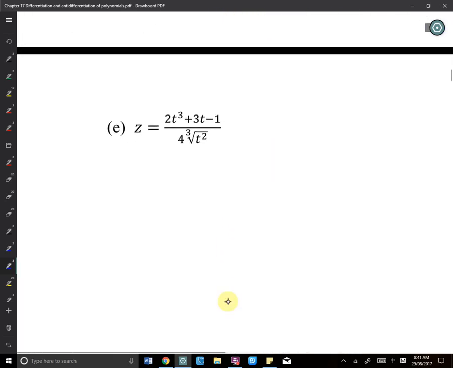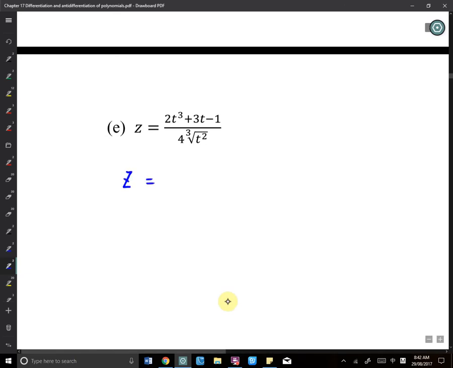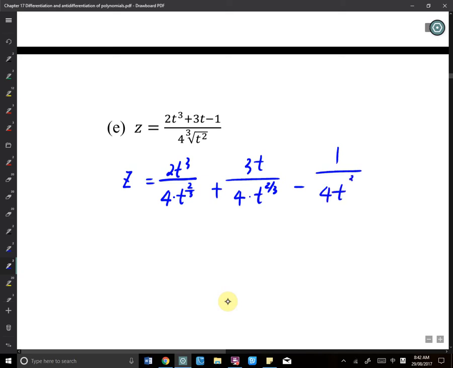Okay, that's D. And for E, we need to separate it first because that's a division. A function divided by a function, I can't do that. So that's 2 to the power of 3 over 4 times t to the power of 2/3, plus 3t over 4 times t to the power of 2/3, minus 1 over 4 times t to the power of 2/3.